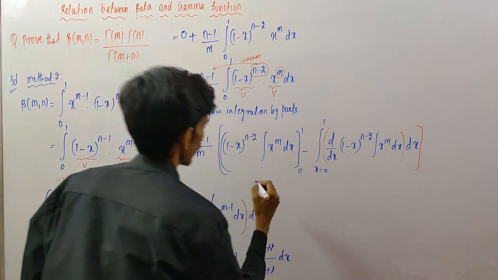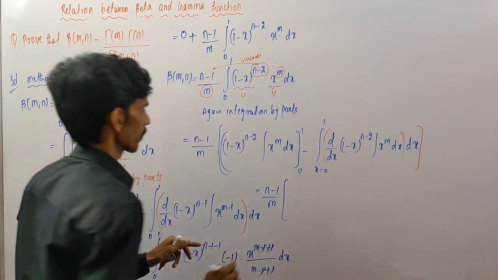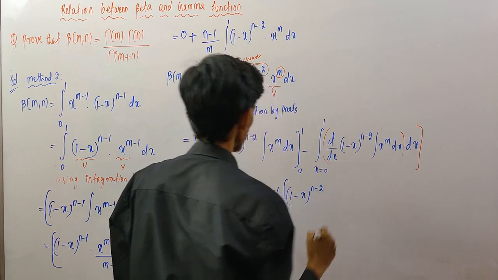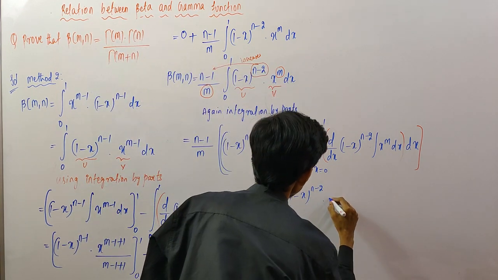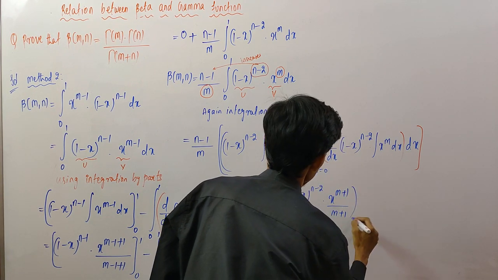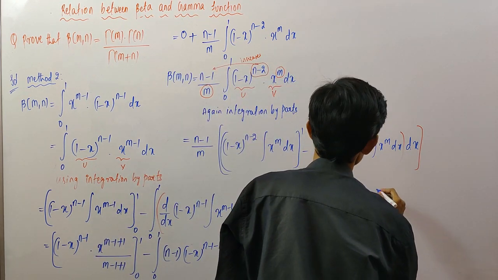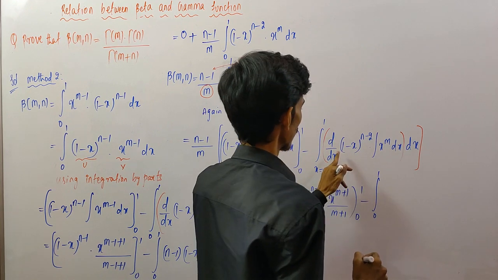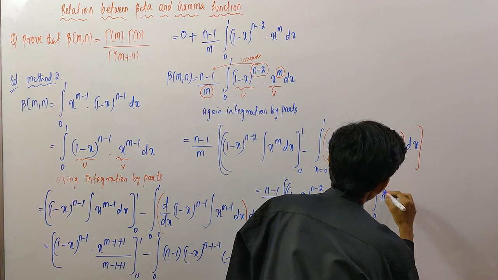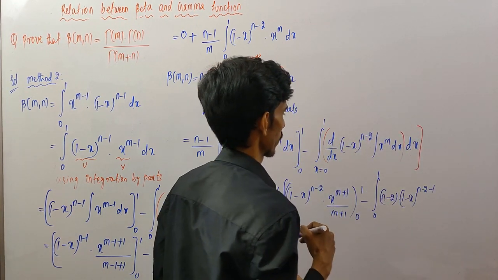Now we have n minus 1 divided by m, this term as it is, 1 minus x power of n minus 2, integration of x power of m is x power of m plus 1 by m plus 1, from 0 to 1. We have minus integration 0 to 1 of d by dx of 1 minus x power of n minus 2, which is n minus 2 into 1 minus x whole power of n minus 2 minus 1.